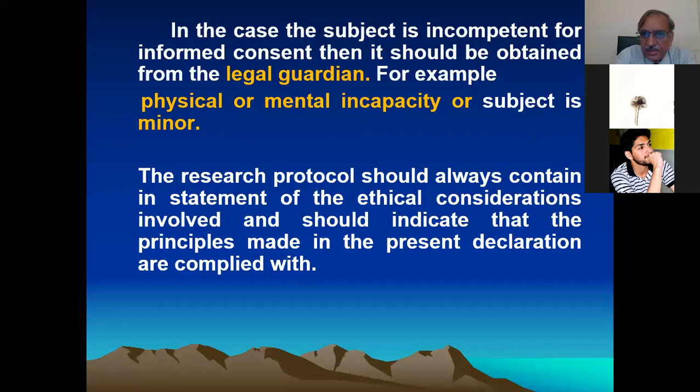In that situation, the legal guardian should give the consent for inclusion of the subject in research. Similarly, if the individual involved is a minor, below the age of 18, then in that case the legal guardian should be referred to for getting consent.